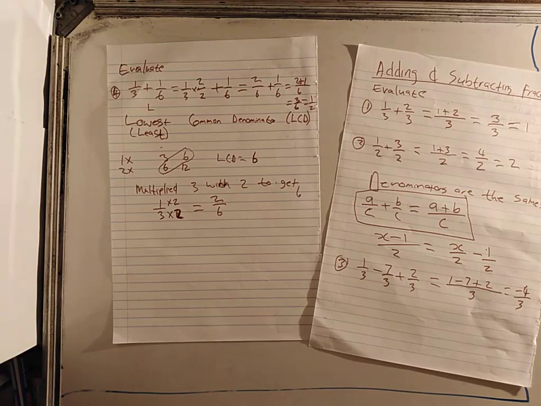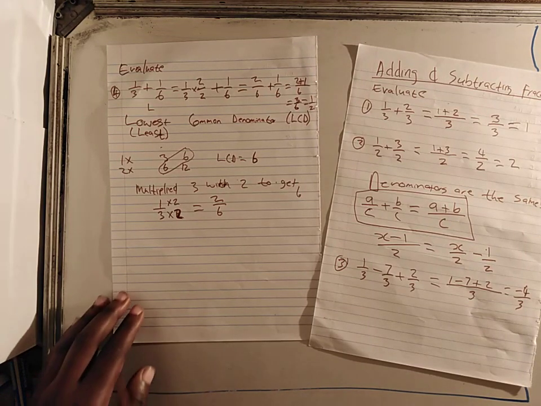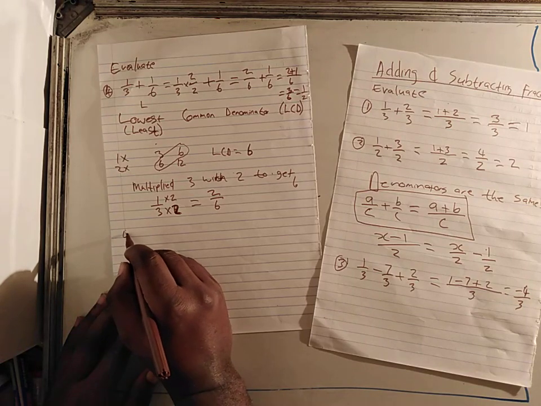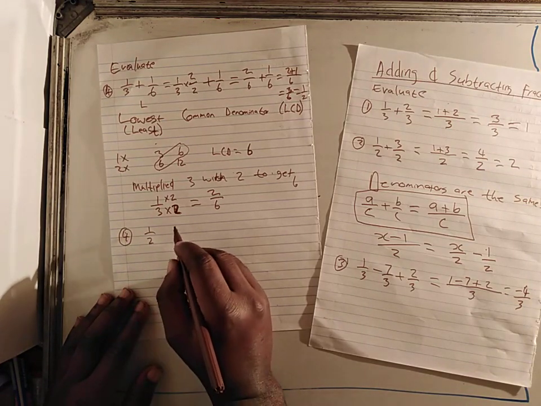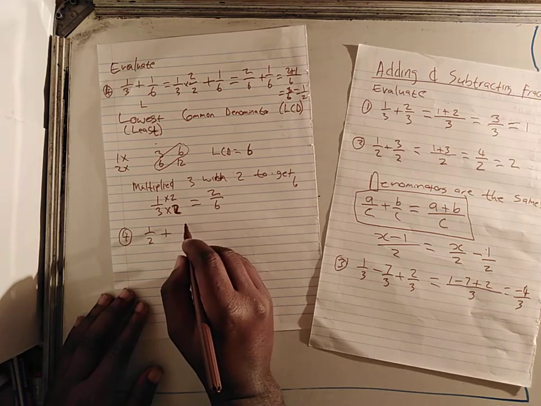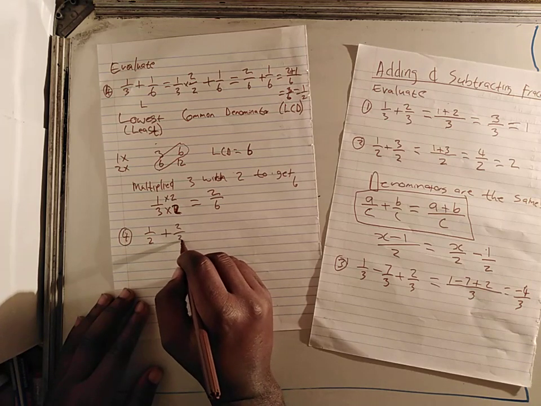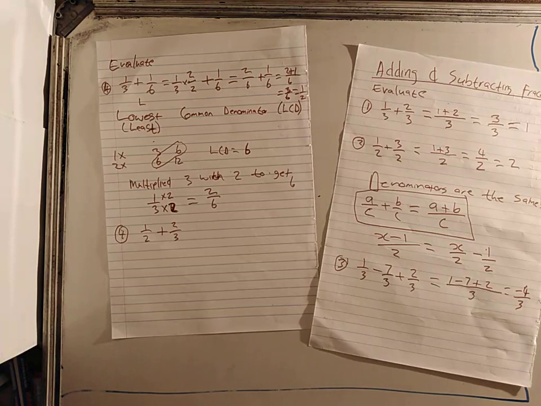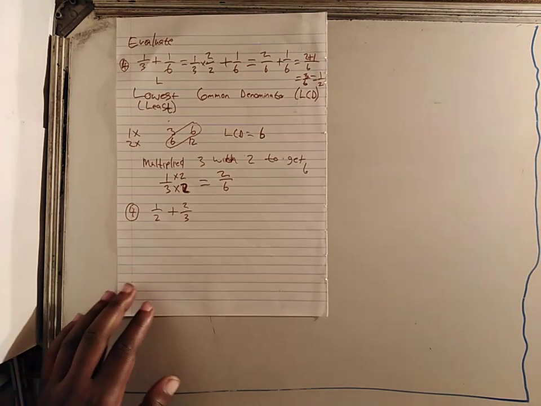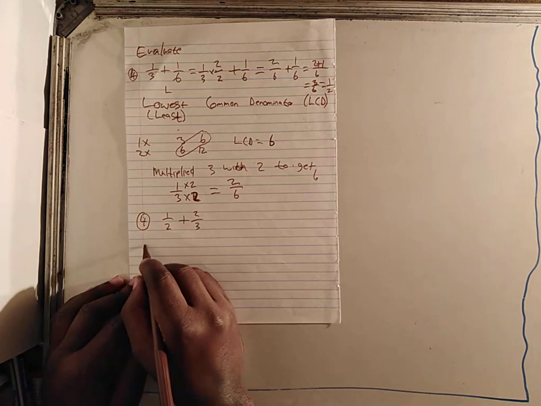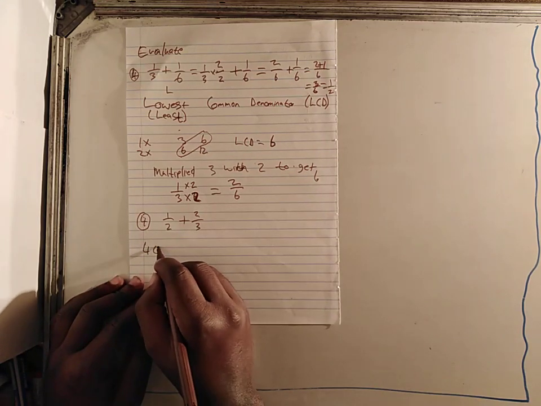All right, ladies and gentlemen, let's pick another one. Number 4. Let's say now we've got 1 over 2 plus 2 over 3. How do we go about this one? The same thing as earlier: the denominators are not the same. So you need to find an LCD.